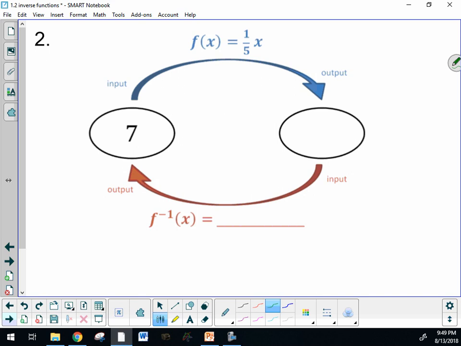This one's kind of interesting. If you take a 7 into this function, it's 1/5 of 7. So that's the same as 7/5, or you could write it as a decimal if you really wanted to, 1.4. And so the inverse of that function needs to take that 7/5 or that 1.4 and turn it back into a 7.